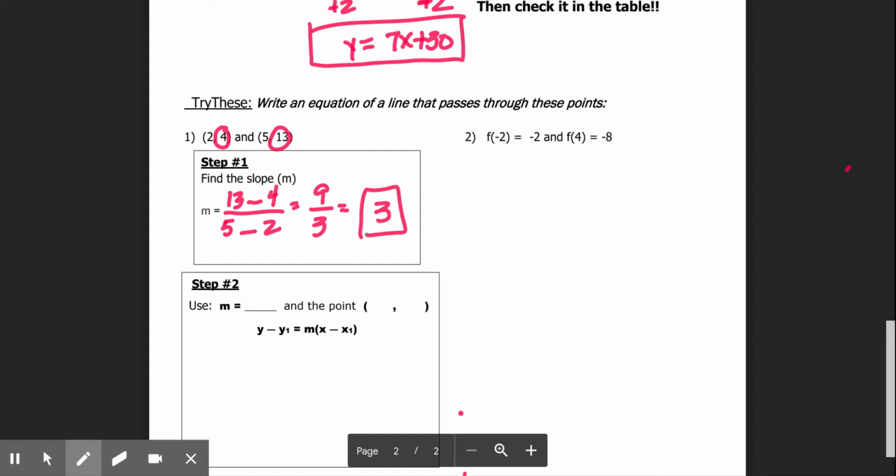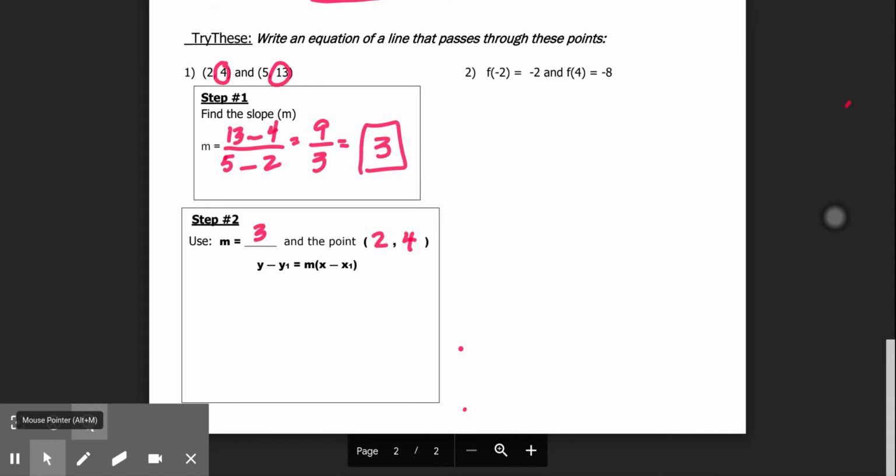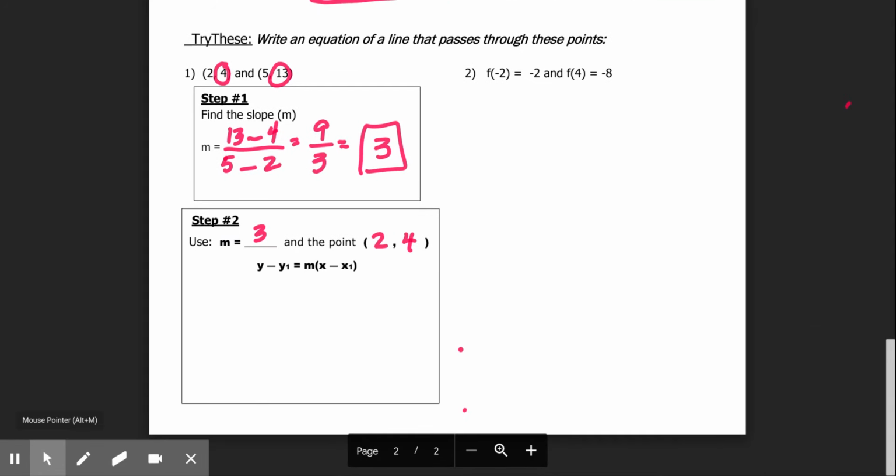So this is m. Step 2, use m equals 3. And it does not matter which ordered pair. I'm just going to choose the one with the smaller numbers, which is (2, 4). Sometimes I choose one that has the least amount of negatives, but in this case, I just chose the one that was the smallest.